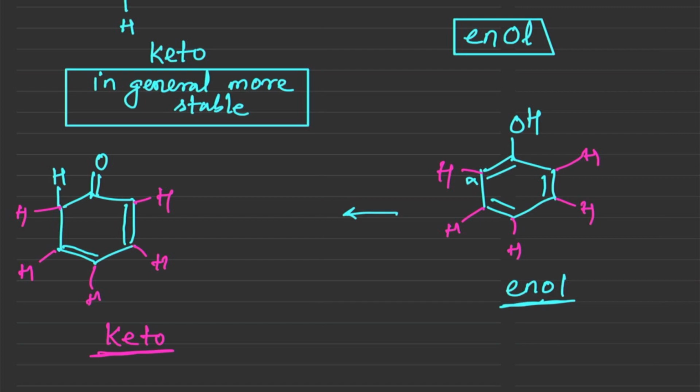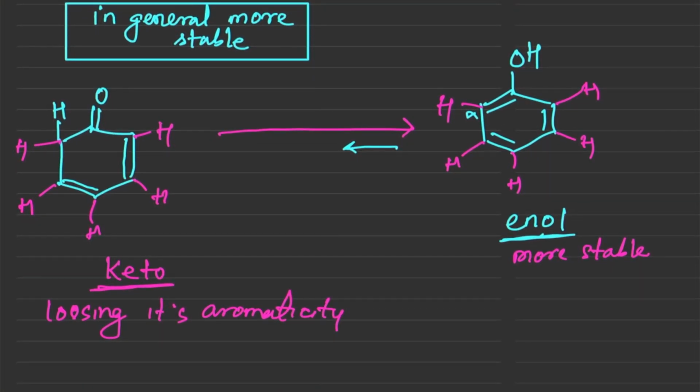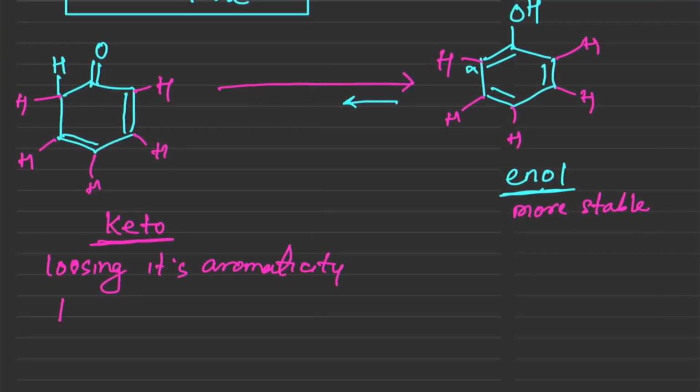In this particular scenario, the enol version is going to be more stable because this is a property of the benzene ring. Benzene ring likes to stay as benzene ring. Here you are losing its aromaticity. This is an idea from the benzene chapters.